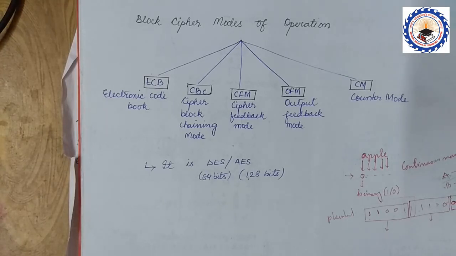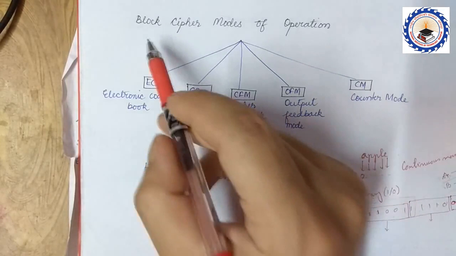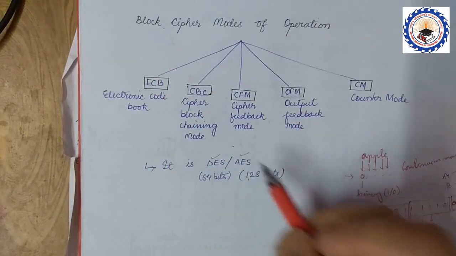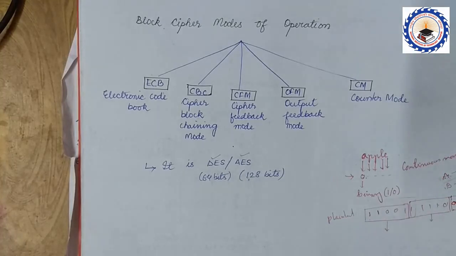One very important example of block cipher modes is the DES algorithm or the AES algorithm. We'll study the DES and AES algorithms later on, but these are very modern techniques, called modern ciphers, which are mostly block cipher techniques.